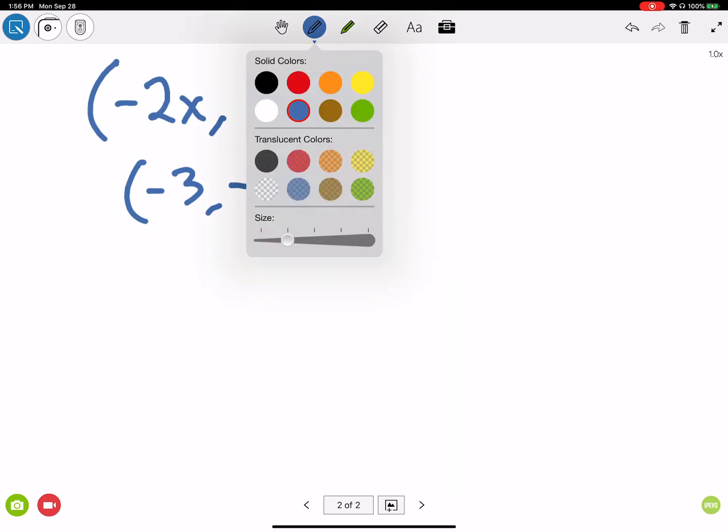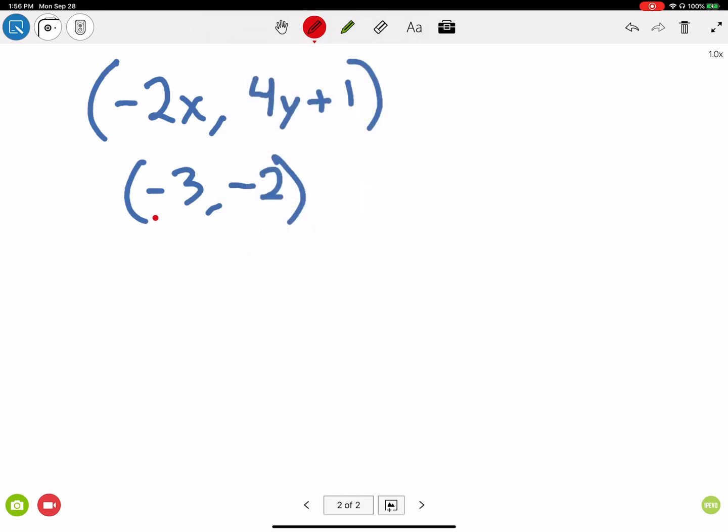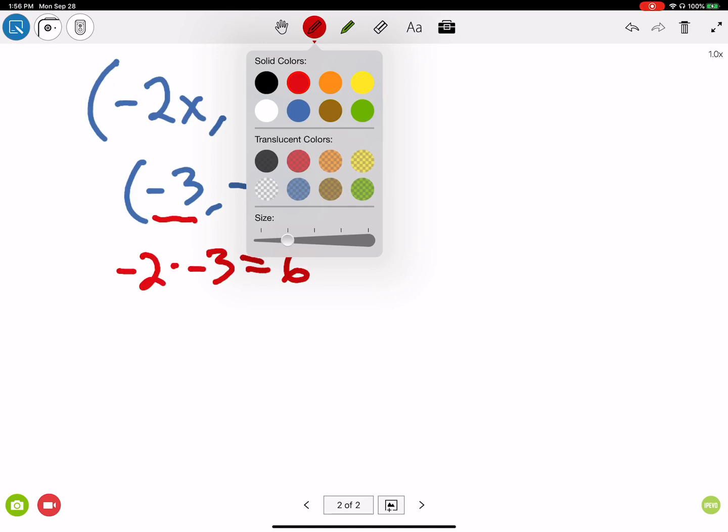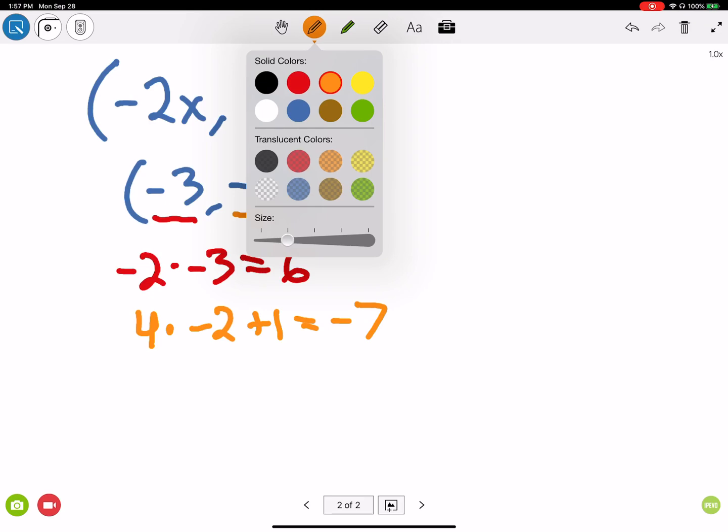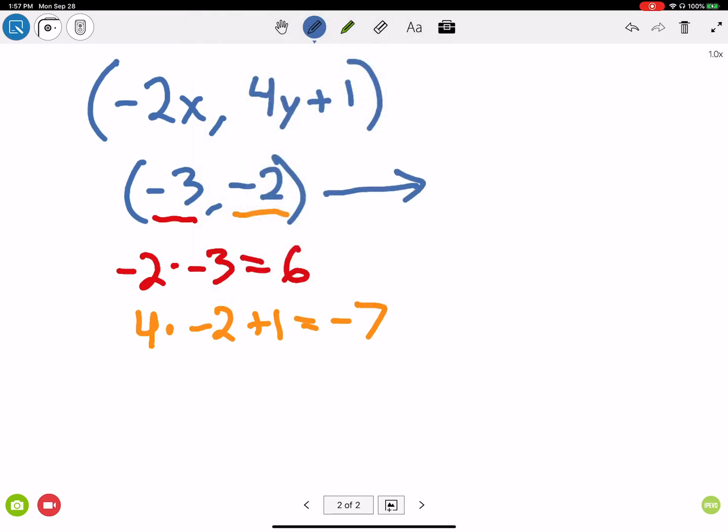Well, now I'm going to take my x, I'm going to multiply it by negative 2. Negative 2 times negative 3 is just 6. And I'm going to take my y, which is negative 2, and I'm going to do 4 times negative 2 plus 1. Well, 4 times negative 2 is negative 8, plus 1 is negative 7. So after my transformation, my new coordinate is 6, comma negative 7.